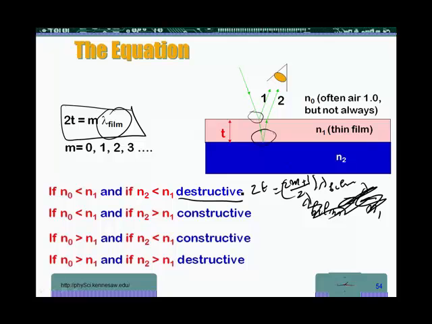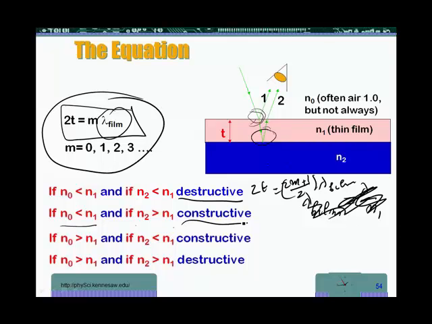Okay, now, what if we still have n0 smaller than n1, but n2 is larger than n1, meaning that light is going to slow down even further when it gets to n2. What that means is we have a change in phase here and another change in phase here. So both of them are going to undergo a phase change, so that evens out. Then this equation is going to give me constructive interference.